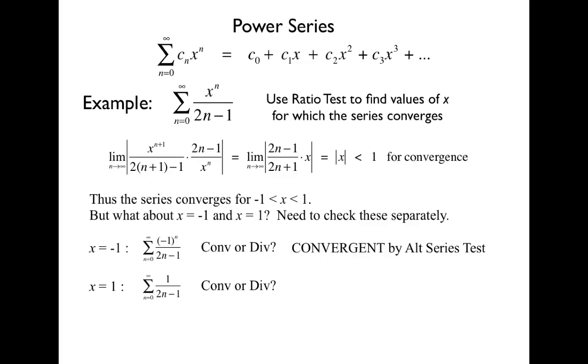Why divergent? It's essentially the harmonic series, right? Okay, what about 1 over 2n? That would be 1/2 of the harmonic series. Divergent or convergent? Certainly divergent, right?